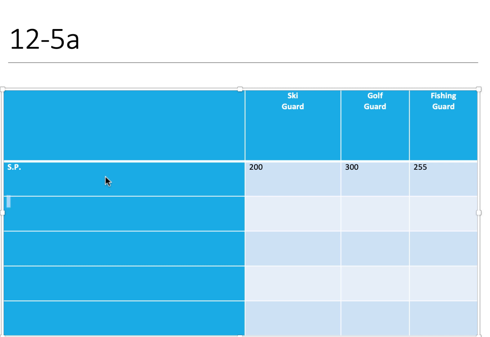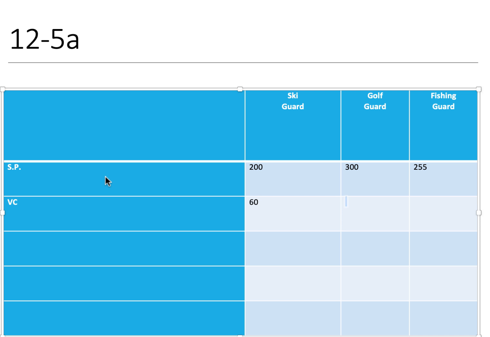So the next thing we're going to do is subtract out variable costs so we can get that contribution margin, because we know that's really where we need to be, right? The contribution margin. So the variable cost for the ski guard is $60.